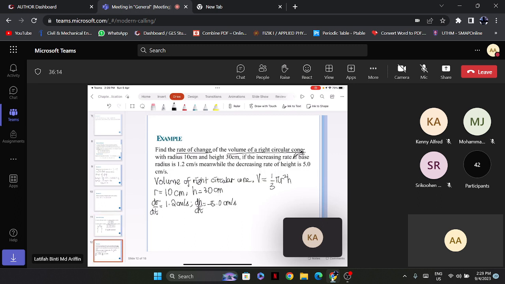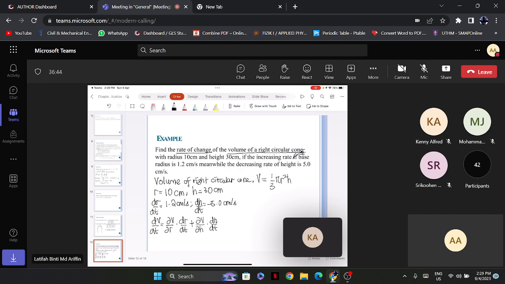So to get dV/dt, dV/dt equals ∂V/∂r times dr/dt plus ∂V/∂h times dh/dt.